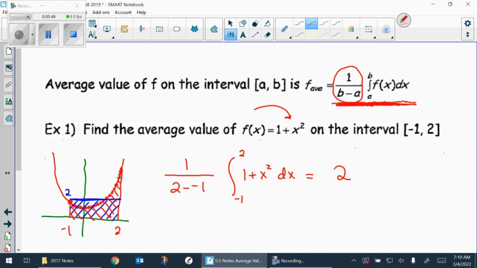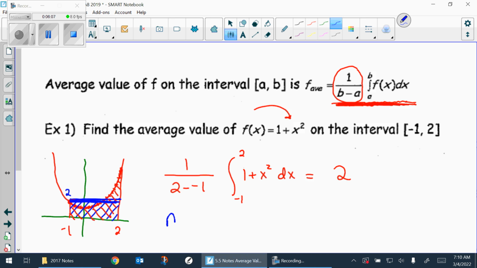So if I can find the area of this red stuff and smash it down into a rectangle, it's the height of that rectangle that's going to be the average value.